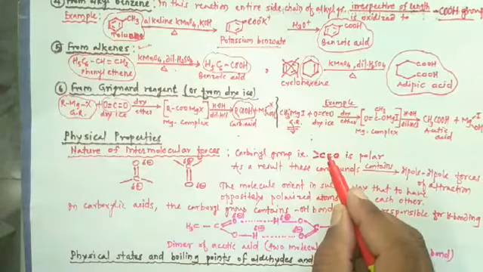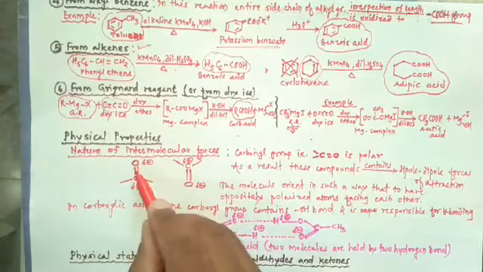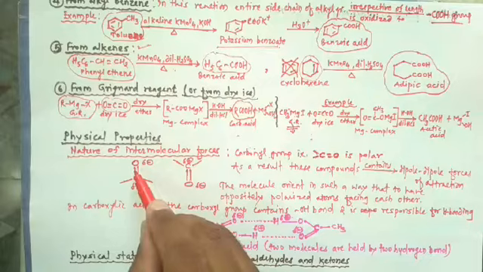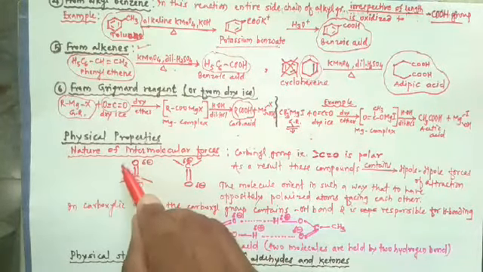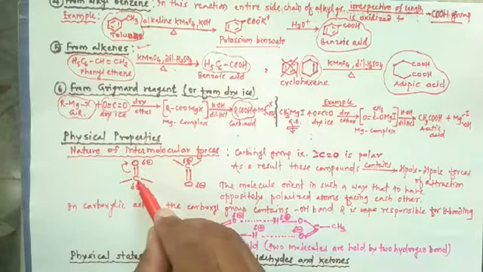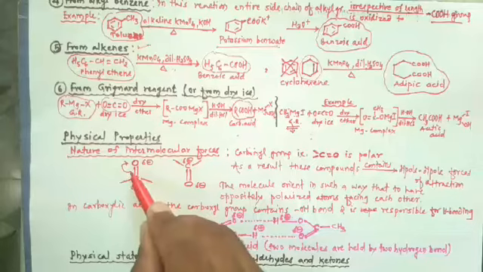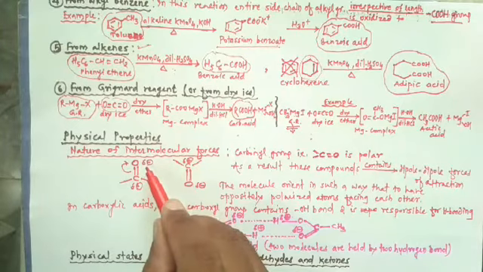That's why oxygen pulls the electrons strongly towards itself. Electronegativity of oxygen is more than carbon. That's why this oxygen pulls the shared pair of electrons towards itself and thus acquires a partial negative charge.